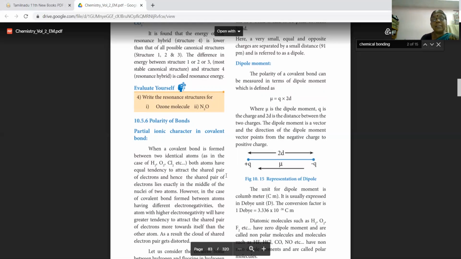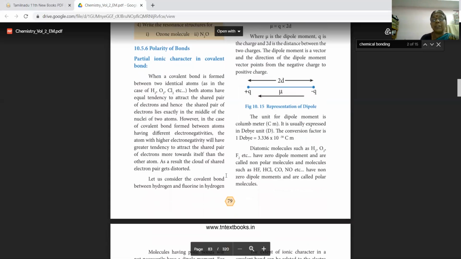The dipole moment is a vector quantity, and the direction of the dipole moment vector points from the negative charge to the positive charge. The unit of the dipole moment is coulomb meter, that is Cm. It is usually expressed in Debye, which has the symbol capital D. The conversion factor is 1 Debye equal to 3.336 into 10 power minus 30 coulomb meter.